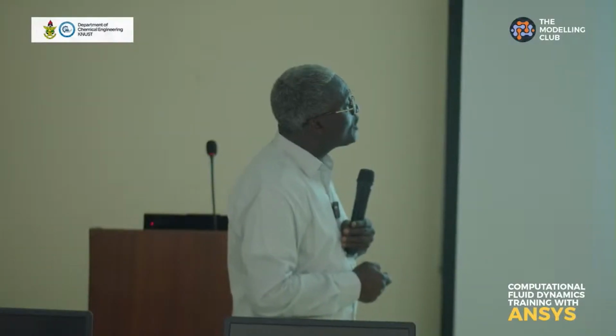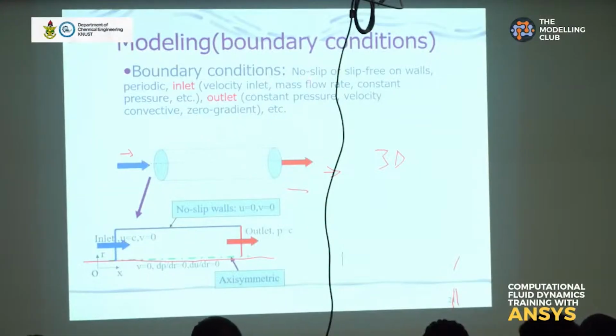Well, the boundary conditions that we normally consider in solving pipe flow are no slip or slip free on the walls, periodic, and inlet conditions. What do we mean by inlet condition? We have velocity inlet, mass flow inlet, constant pressure. And for the outlet condition, we have constant pressure, velocity, convective, zero gradient.